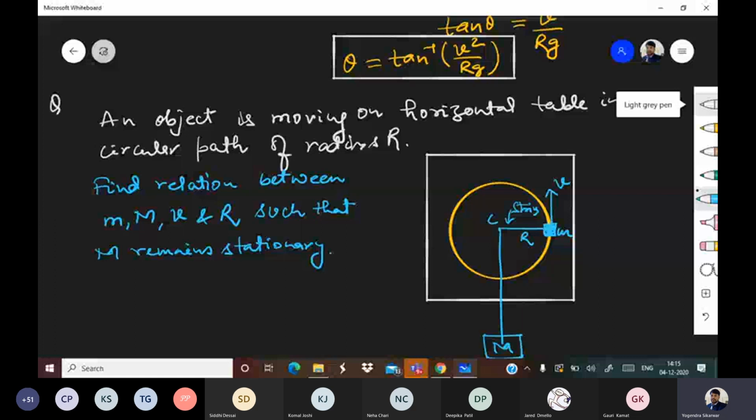The other end of the string is passing through a hole at point C. So from that hole, the string is passing, and at the other end of the string, mass capital M is connected. So what we need to find is the relation between small m, capital M, r and v such that capital M remains stable. Please solve and find the answer.